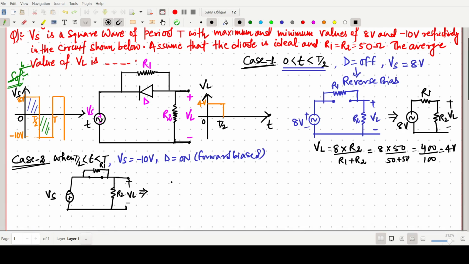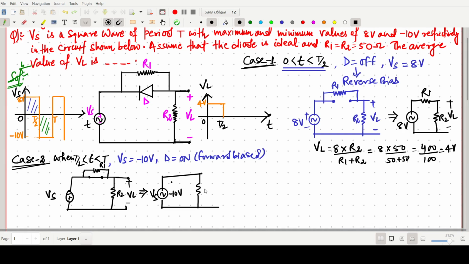If we again modify the circuit, this is simply Vs, that is minus 10 volt. We have to take the shorted path, because current will flow directly through the short circuited path rather than the resistance, and this will be the direct R2. This value is simply our VL.